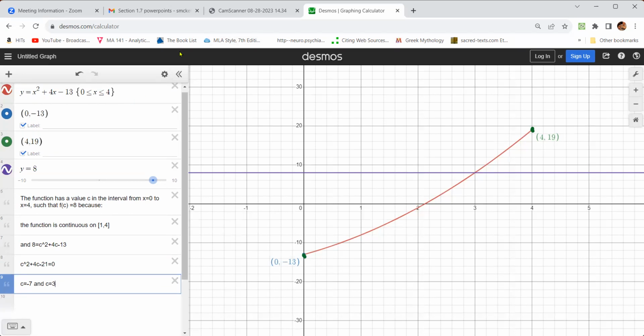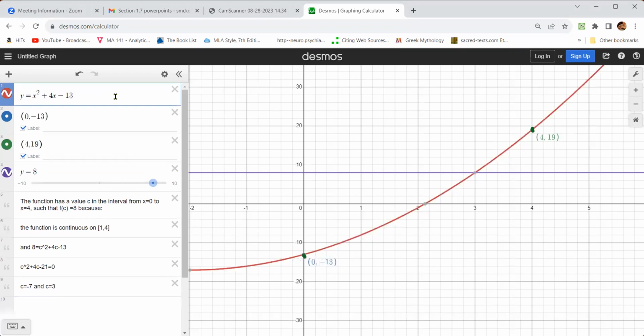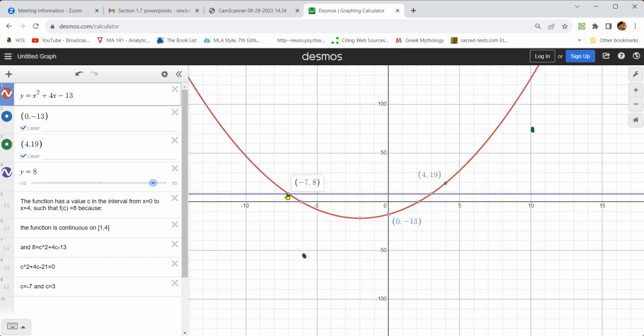If I remove this restriction here, and I zoom out here, there it is. It hits the line, right?